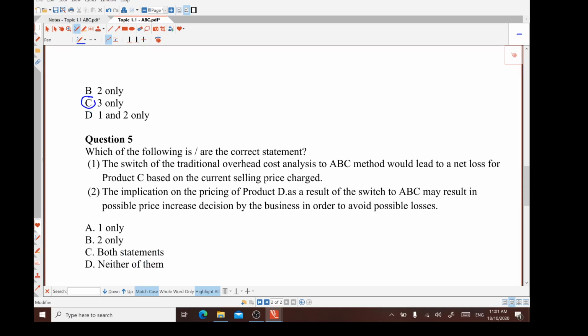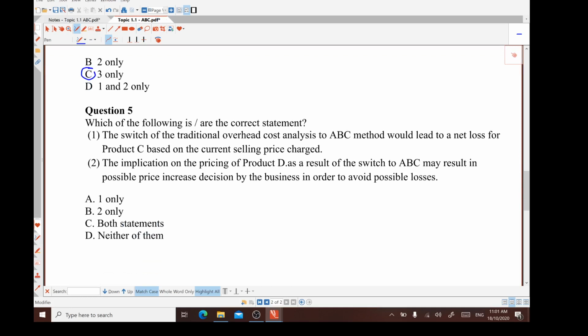Let's see question number 5. Okay, it says here, which of the following is or are the correct statement? Okay. Now, we're talking about the switch. So the switch of the traditional method to ABC would lead to a net loss for product C based on the current selling price charged.